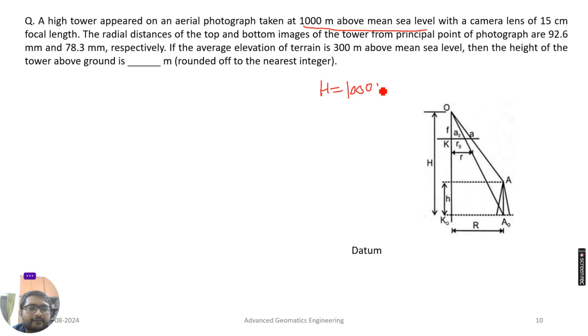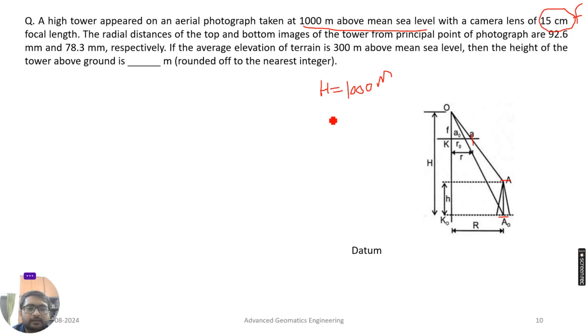After that, the camera lens is of 15 centimeter focal length, so f is given as 15 centimeter. Now the radial distance of the top and bottom image. The top is a, and the bottom is a naught. The radial distance for a, which is Ka, which is your r, is given as 92.6, and Ka naught is given as 78.3.